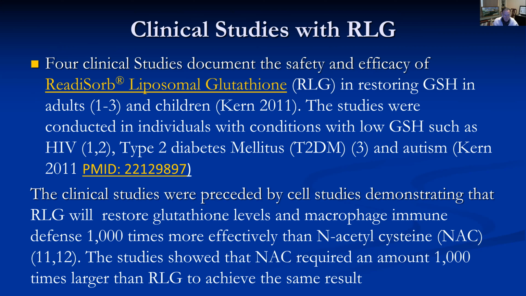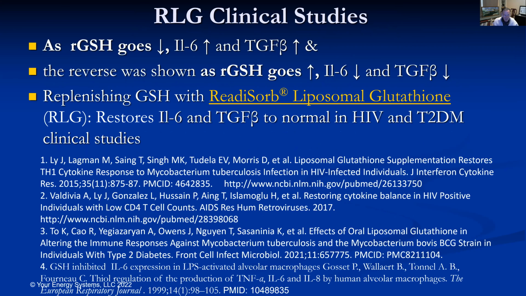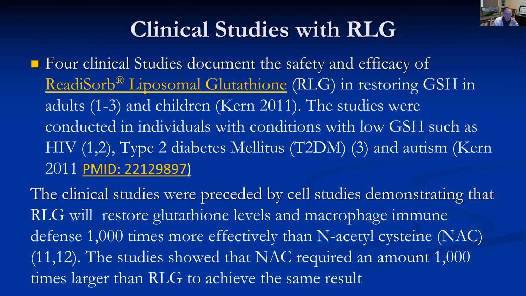Children with autism were also studied and showed that their glutathione could be restored. The clinical studies were preceded by cell studies that demonstrated that Bernisorb liposomal glutathione will restore glutathione levels and macrophage immune defense 1,000 times more efficiently than N-acetylcysteine. By this, these studies showed that NAC required an amount 1,000 times larger than the liposomal glutathione to obtain the same result.